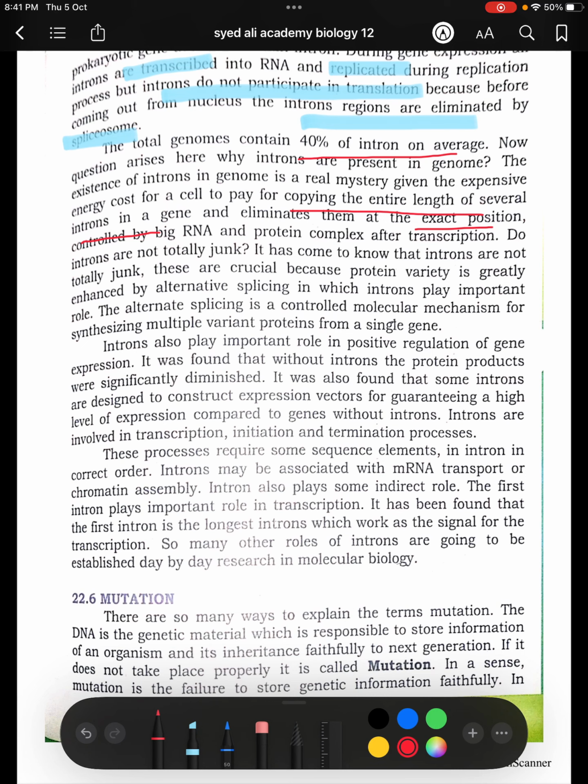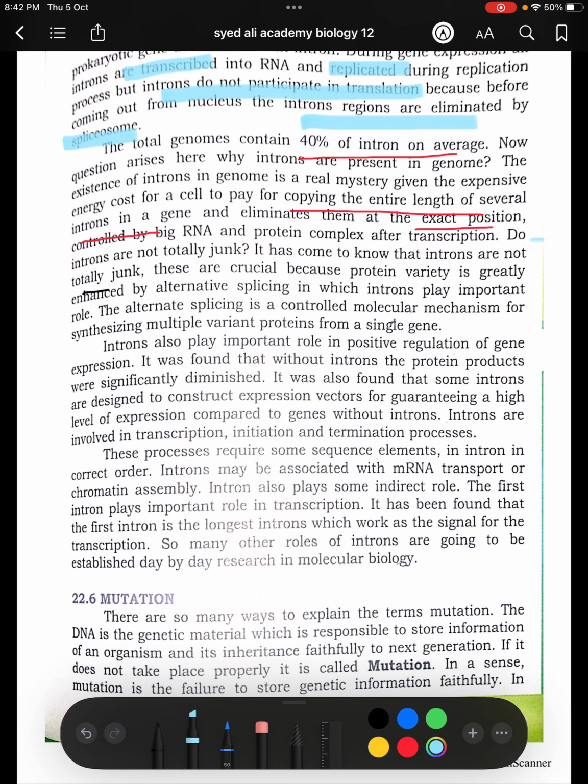According to them, this is the question: why use a lot of energy to replicate and transcribe introns which are eliminated at the end and are not going to be translated? So the answer: it has come to be known that introns are not totally junk.